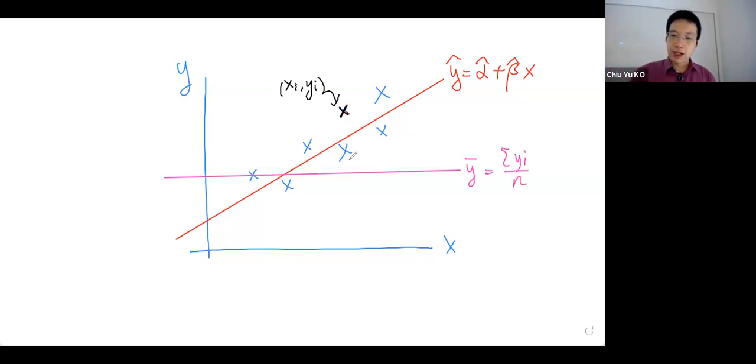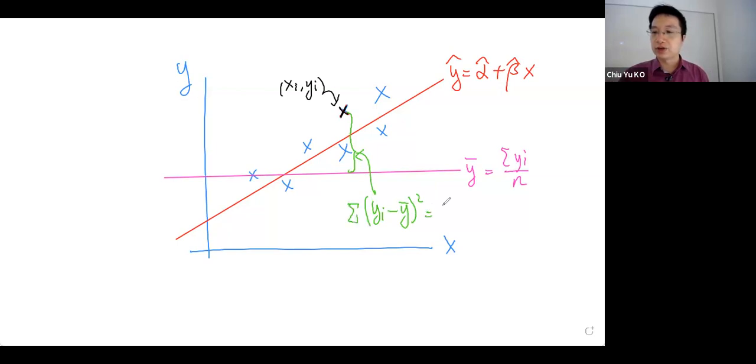The model is expected to explain this green area, which is yi minus y bar. Usually we care about the square, and of course every single point, so this is the summation.